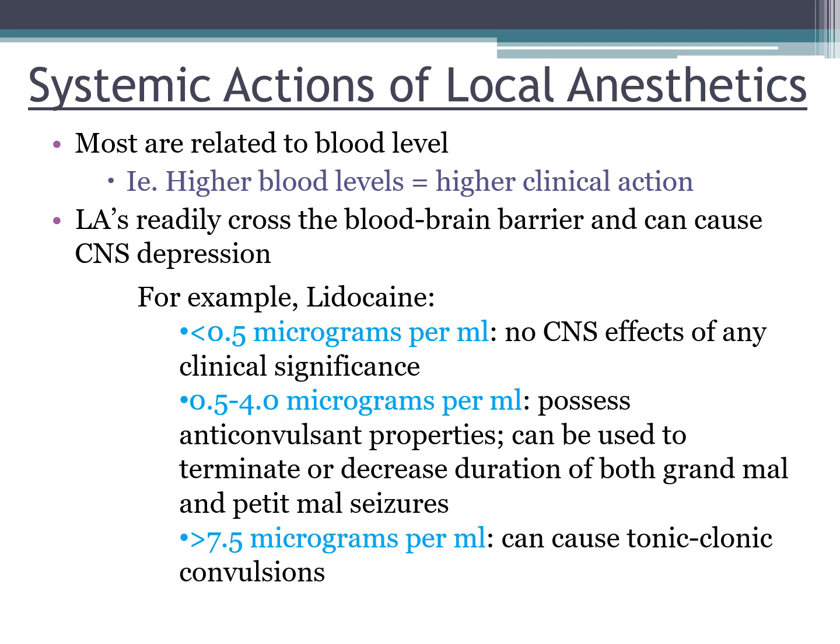For example, if you look at lidocaine, below 0.5 micrograms per mL, there is no central nervous system effect of any clinical significance. If you have 0.5 to 4 micrograms per mL, it will produce anticonvulsive properties and can be used to terminate or decrease the duration of both grand mal and petit mal seizures. More than 7.5 micrograms per mL can cause tonic-clonic convulsions.